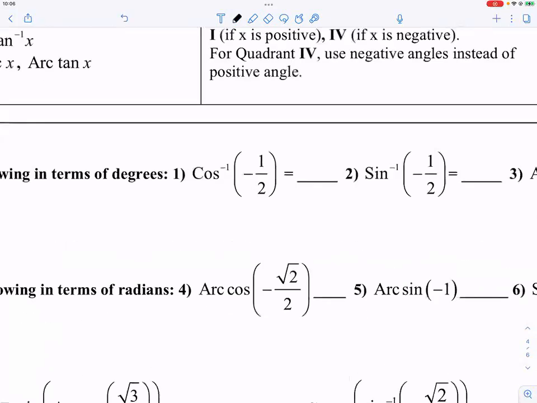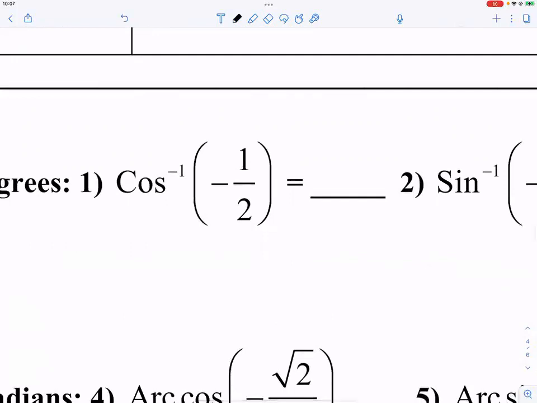Okay, so let's look at these questions. All right, so again, you have two ways to think about this, either using the unit circle method or my table value method. So for this one, cosine inverse of -1/2. So you think about the x value, -1/2. And also, I would suggest you write down the quadrant.